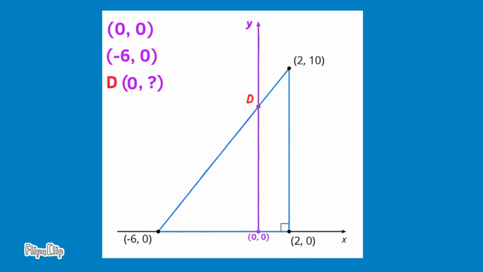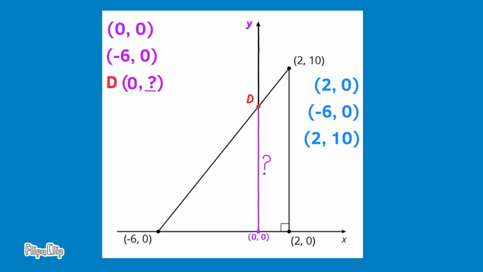This blue triangle is similar to the purple triangle, and its coordinates are 2 and 0, -6 and 0, and 2 and 10. I can use these ordered pairs, or coordinates, to help me figure out the side lengths of these 2 triangles. And in doing so, I'll be able to figure out this missing side length.